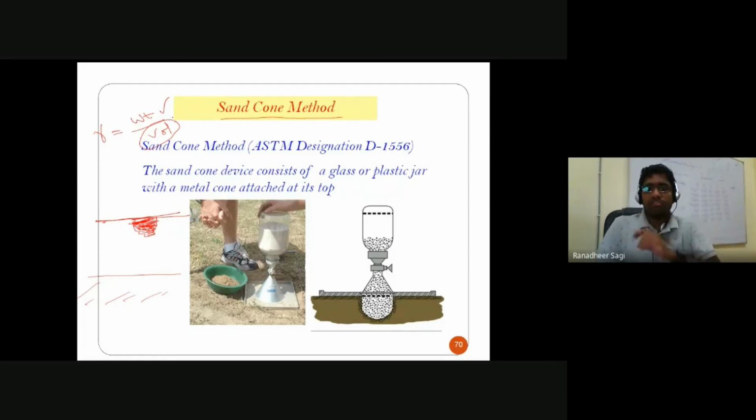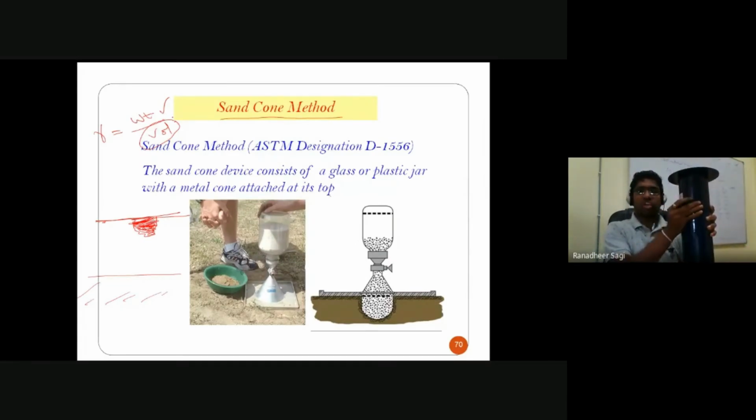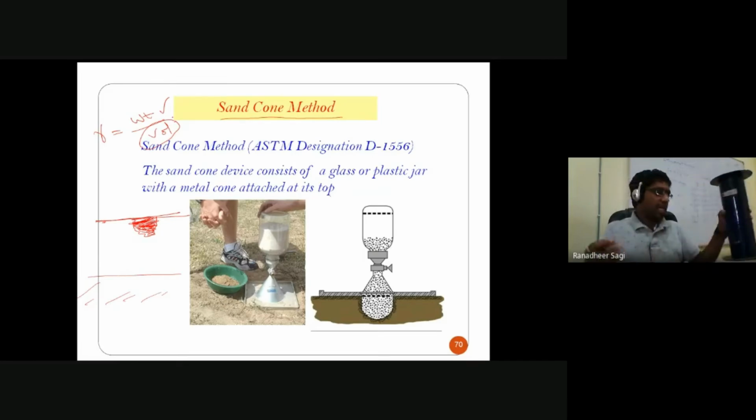However, for a simple approach, I can say that the volume of sand which got replaced from this mold into the pit is equal to the volume of the soil excavated from the pit.